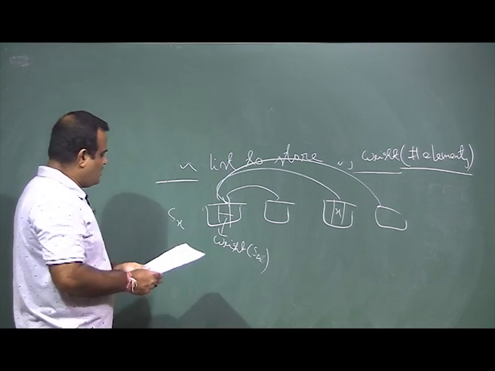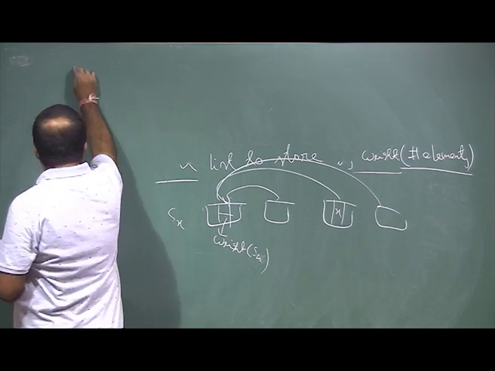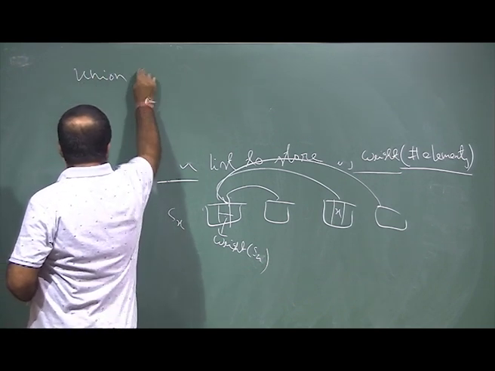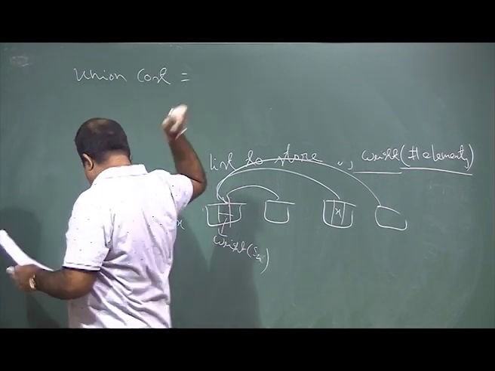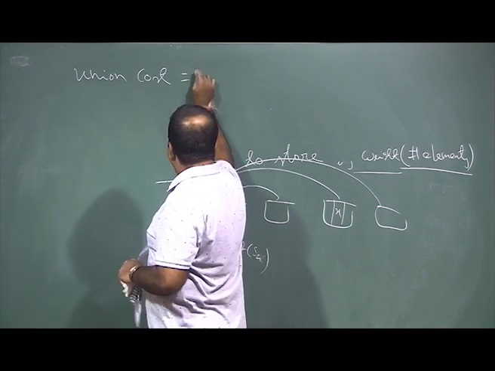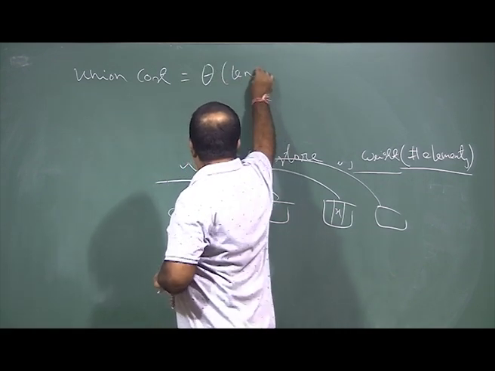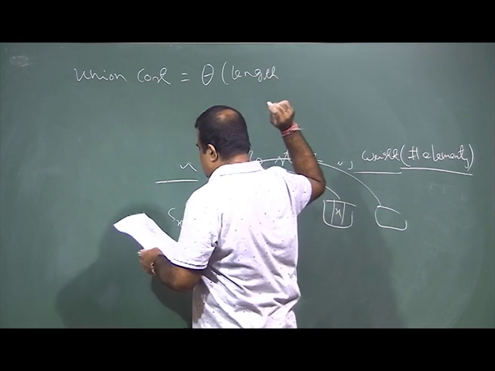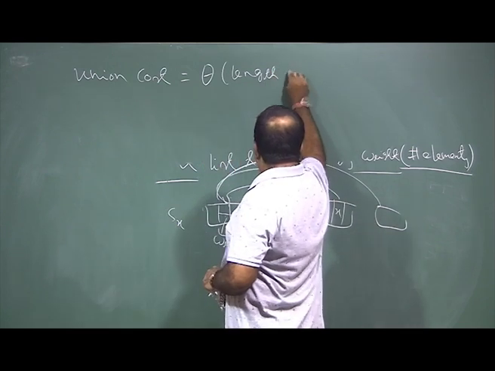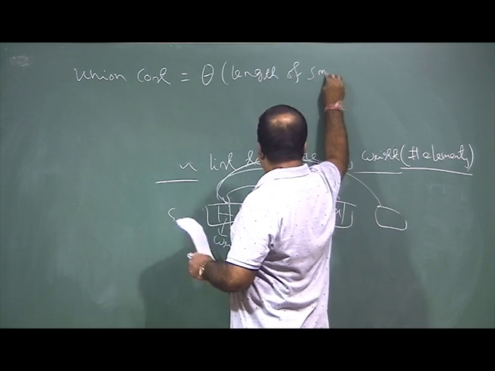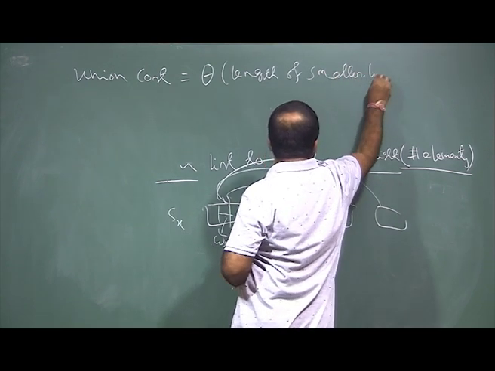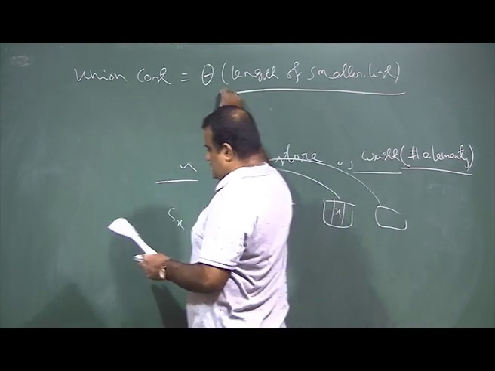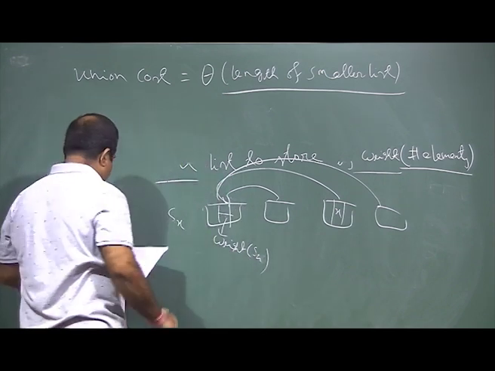So, how much time will it take for union? Union cost is basically theta of the length of the smaller list, or the weight of the smaller list.